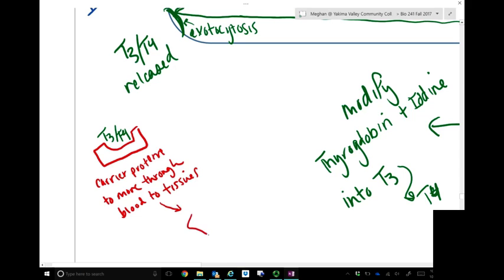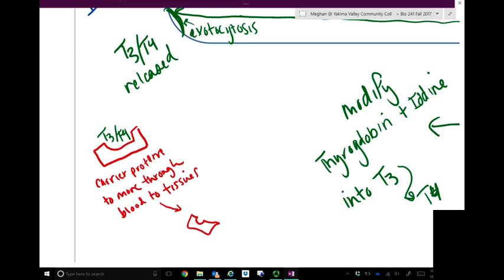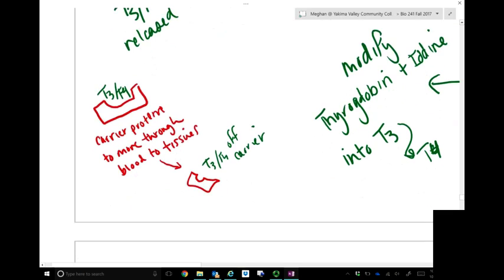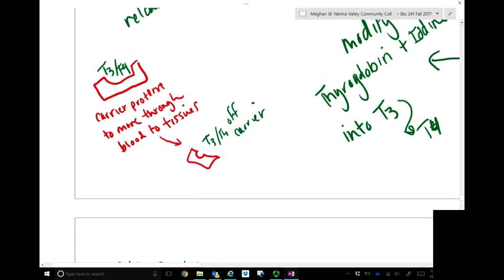And then we're going to release that carrier. Off the carrier, it's now going to bind to a receptor at the target.